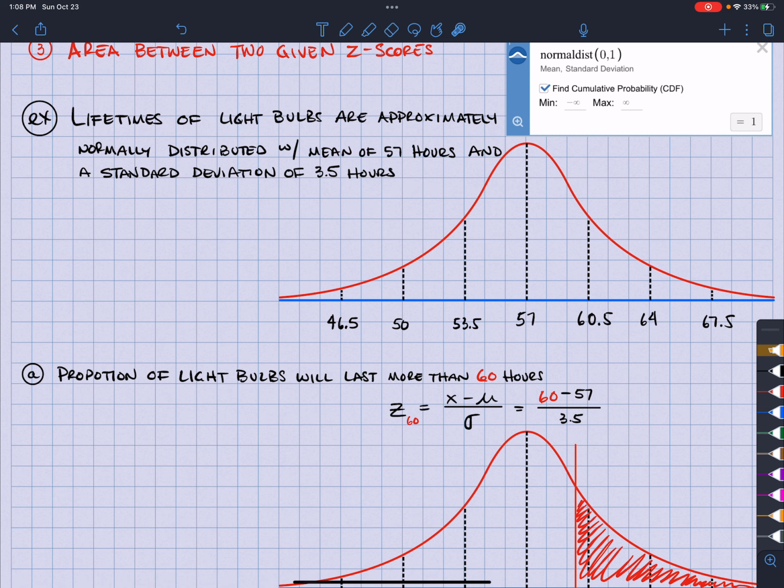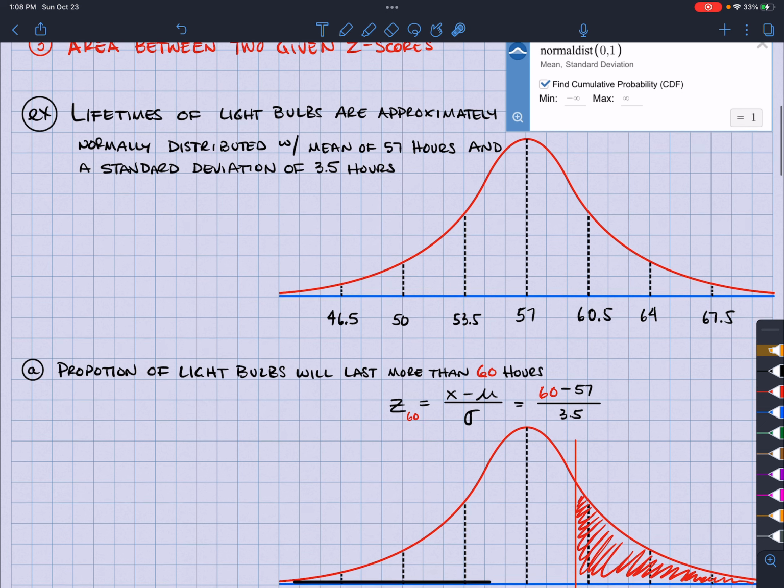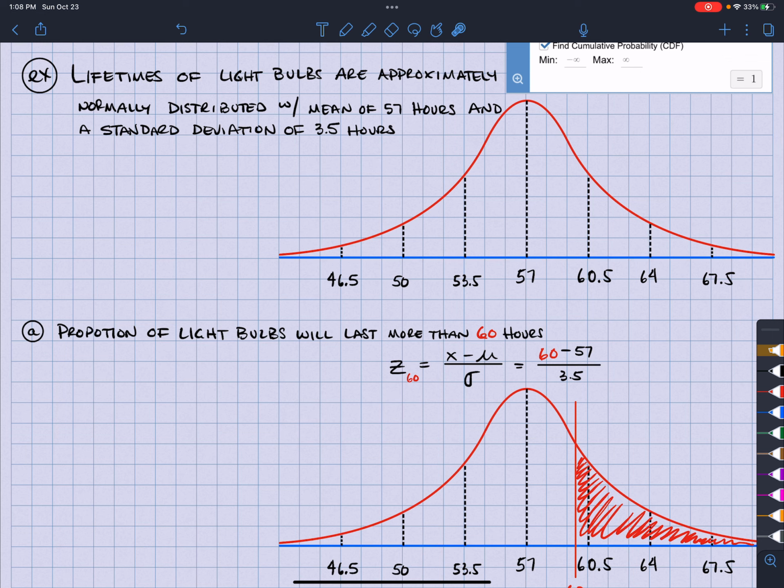Okay, 57, 3.5. All right, so when we put that into our calculator, where's my calculator? Let me grab that right now.